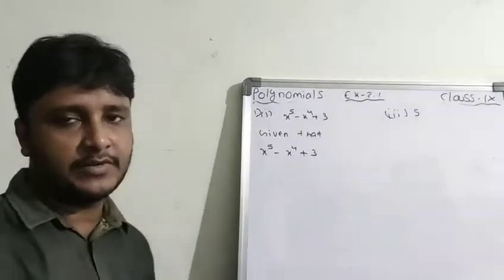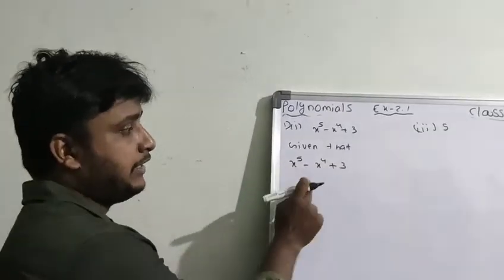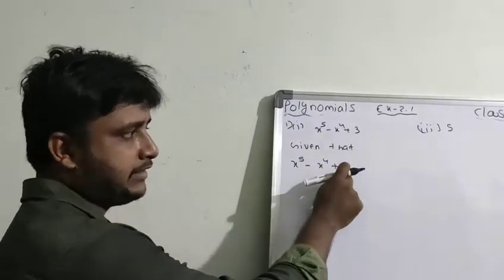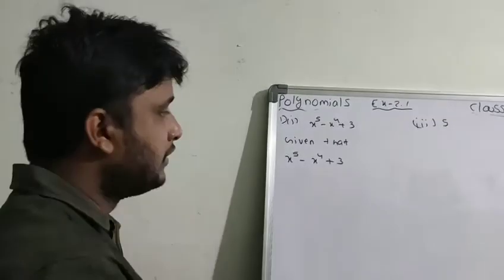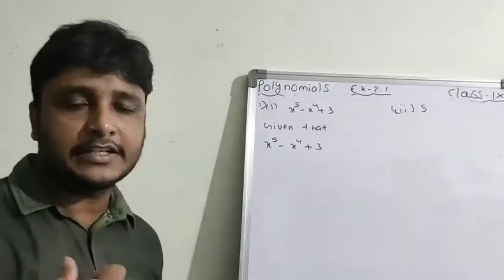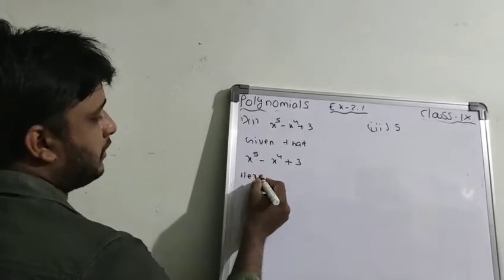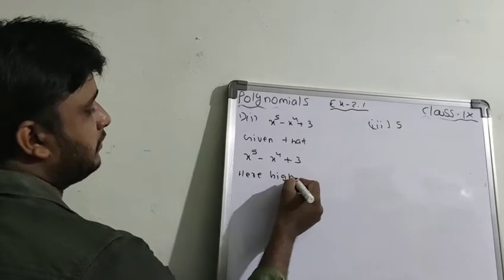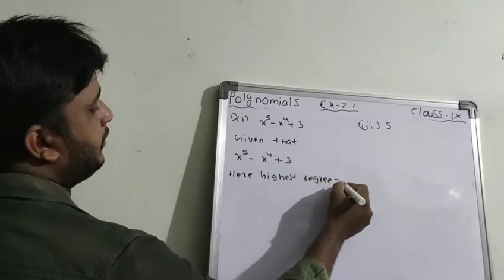Here only one variable is available, so directly we can say the degree of the first term is 5, the degree of the second term is 4, and the degree of the constant is 0, as we just discussed. So what is the highest degree? Here the highest degree is equal to 5.